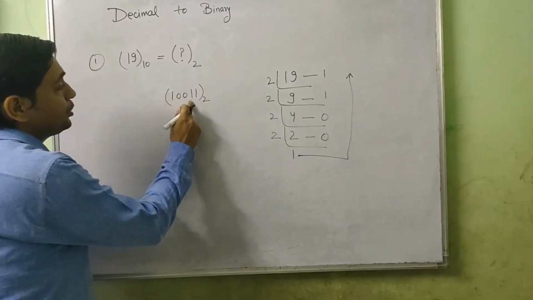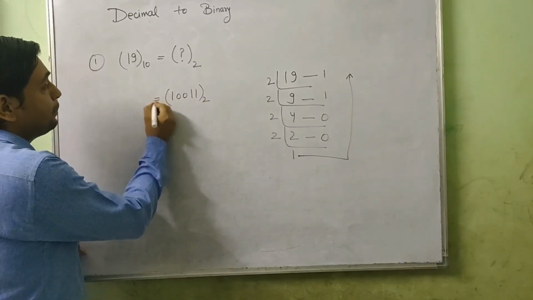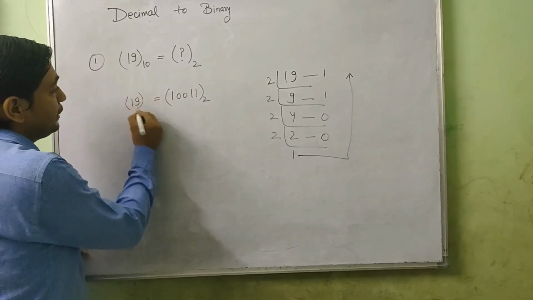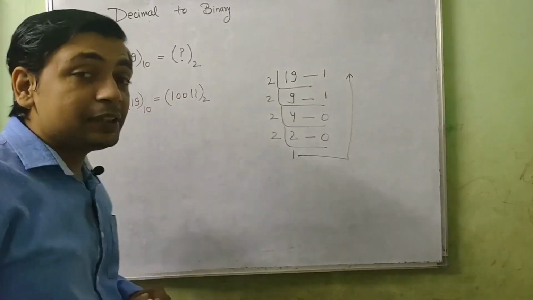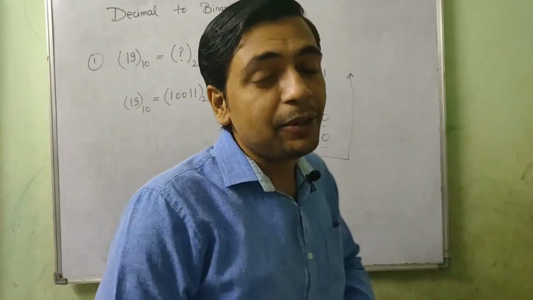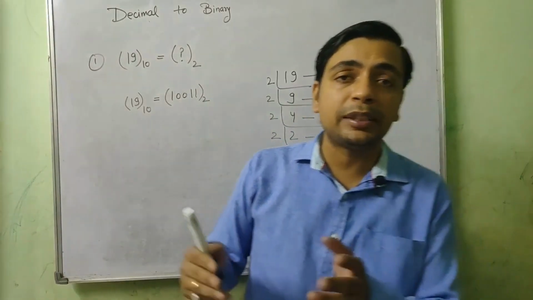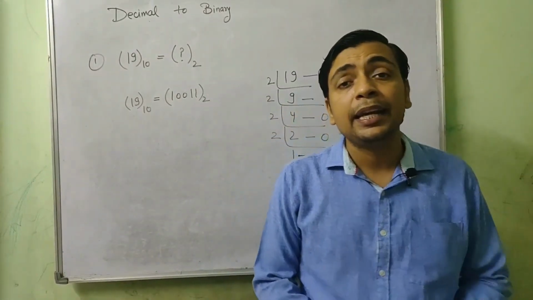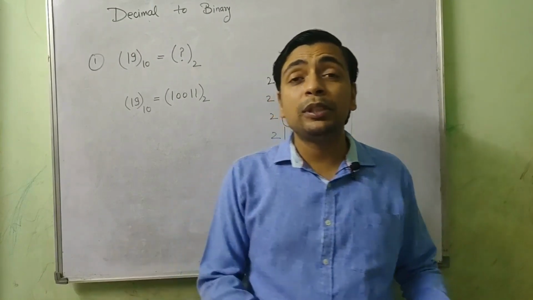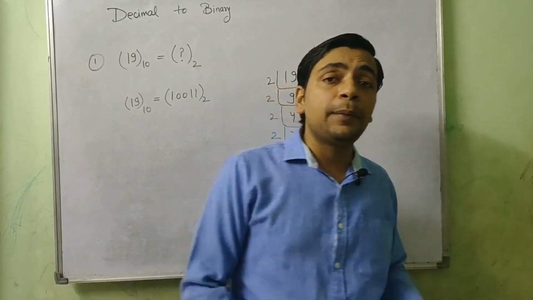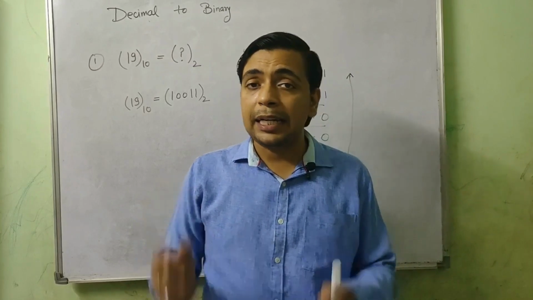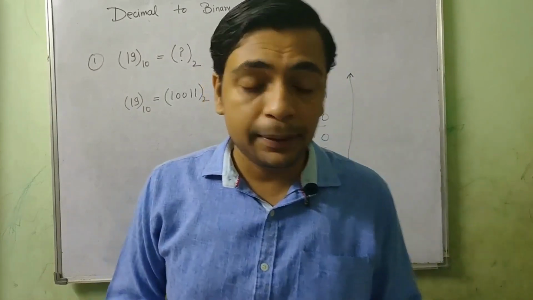So 10011 is the corresponding binary of 19. You need not create that chart. All you need to do to convert a specific decimal number into binary is to divide it by 2, note down the remainders, and then read the remainders from bottom to top, and that will be your resultant binary number.